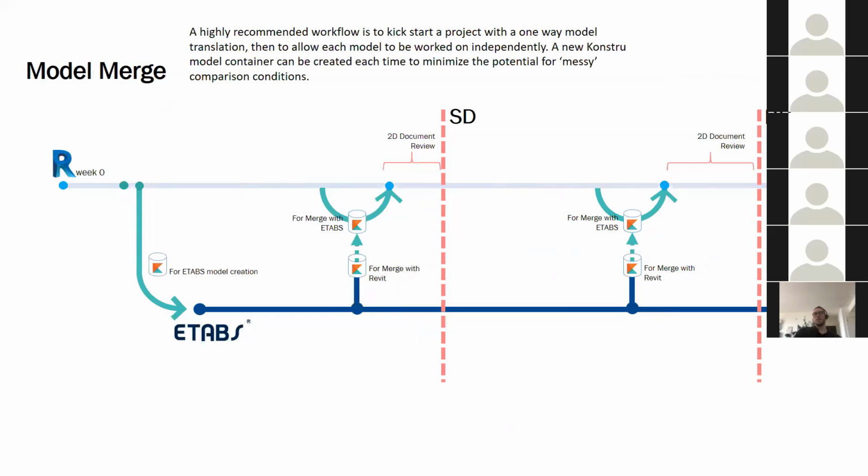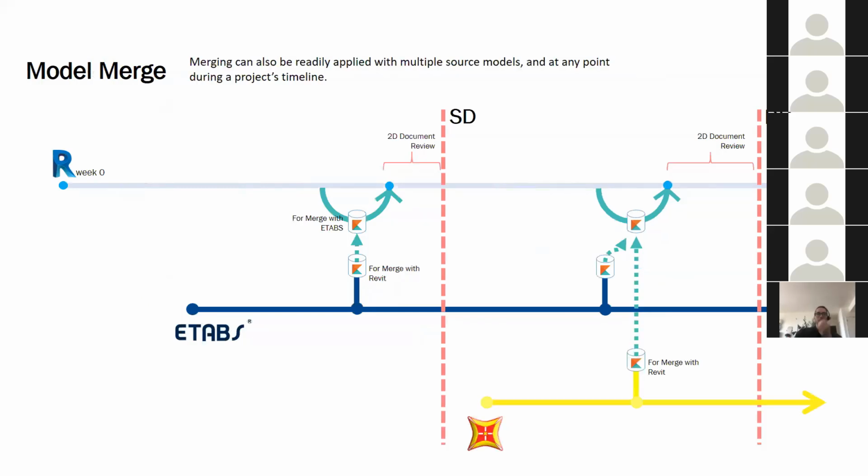It's ultimately a bridge between platforms, but how you use that bridge is entirely up to you. We can keep adding more software and more platforms, and at any time we can start having multiple models being compared and merged, so that we can reach an ultimate final model, in this case, quote unquote, a central model, that can then be used to deliver the final drawings and final documentation required for any particular deadline, such as a DD submission or an SD submission.